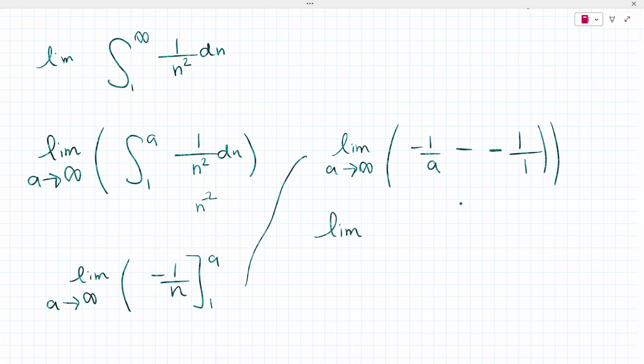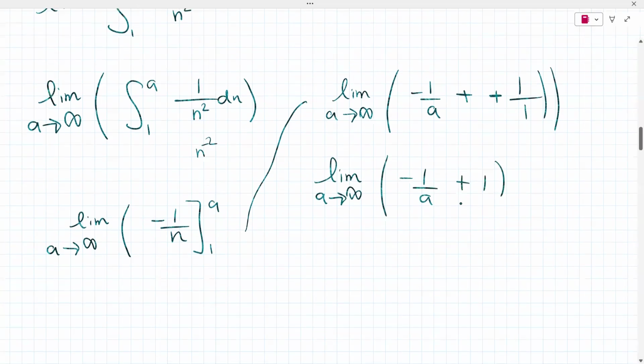And then the limit as a approaches infinity of negative 1 over a. Two negatives become positive, so that's plus 1. And then you plug in infinity for a, so it's going to be negative 1 over infinity plus 1.